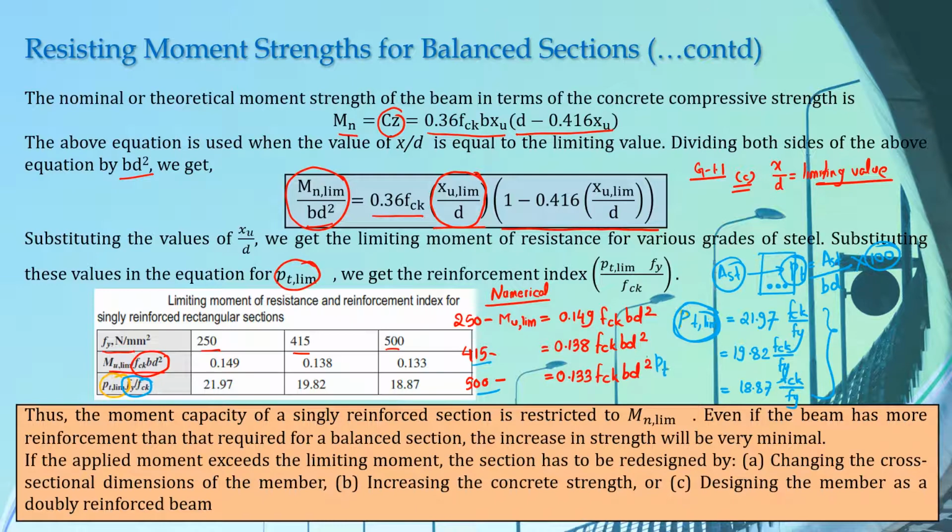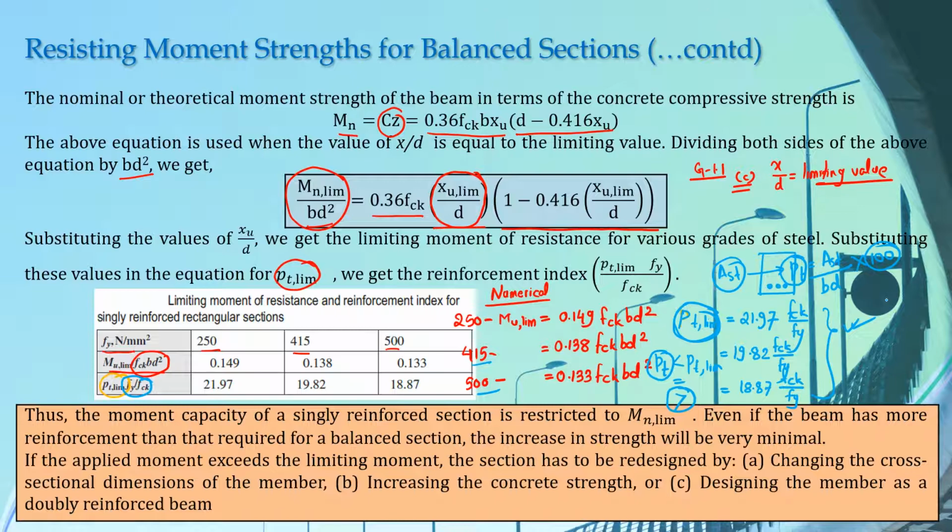If the actual value of PT used is less than PT limiting, yours is an under reinforced section. If these are equal, it is a balanced section, and if a higher amount of reinforcement has been used, it is an over reinforced section. So these formulas can be very useful in doing the numericals for analysis of your sections.